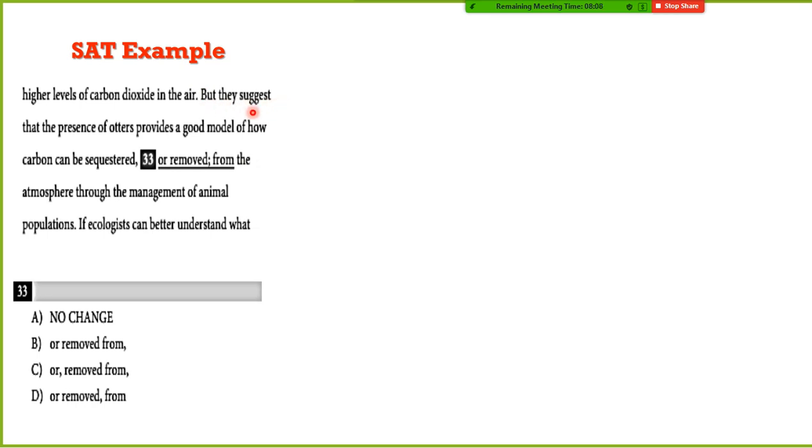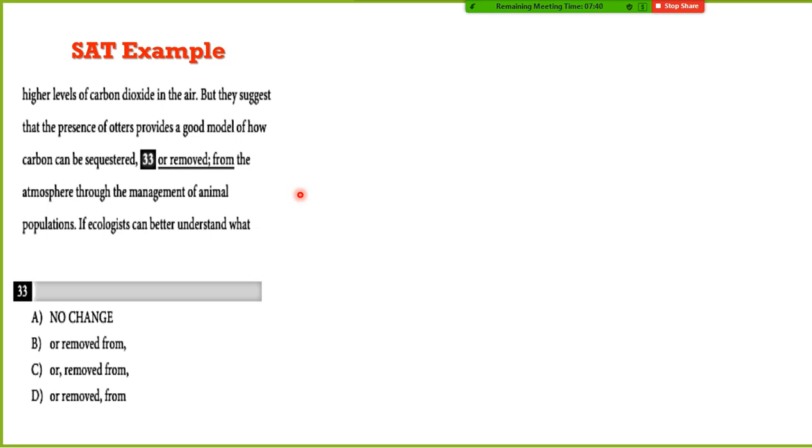But they suggest that the presence of other provides a good model of how carbon can be sequestered or removed from the atmosphere through the management of animal population. You can stop here. This is the whole sentence. Now the underlined part here.